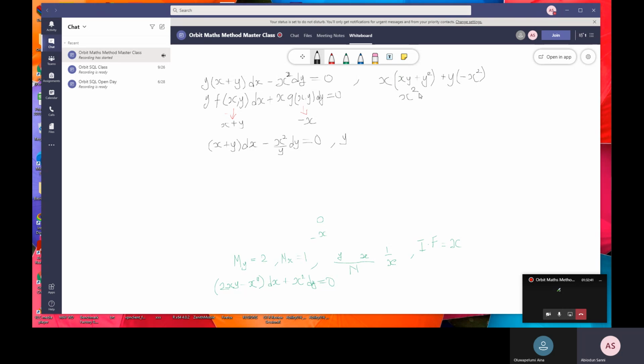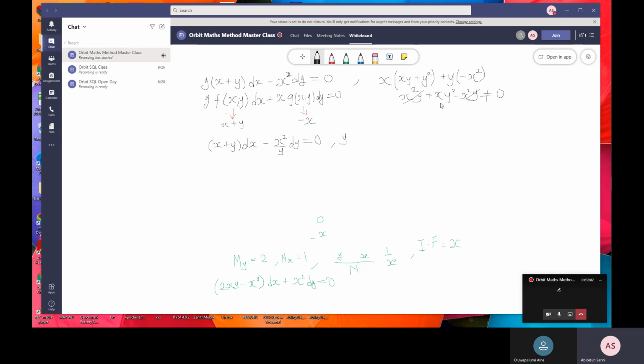So let's check whether it's going to give us 0. That will be x squared y plus xy squared minus x squared y. So this one will cancel this one, but it's not equal to 0. So this condition is satisfied.